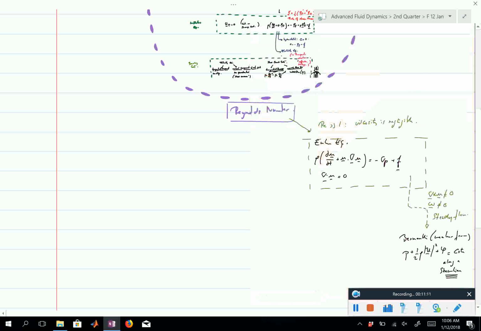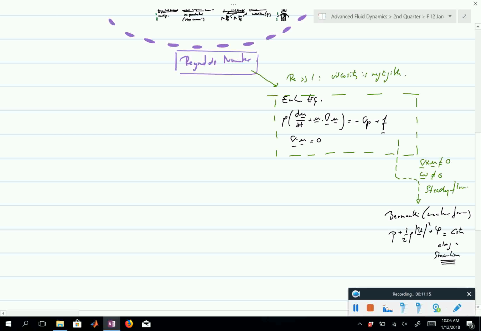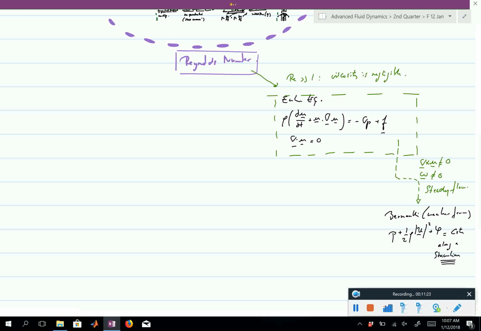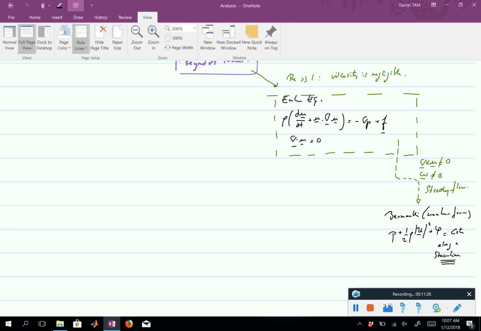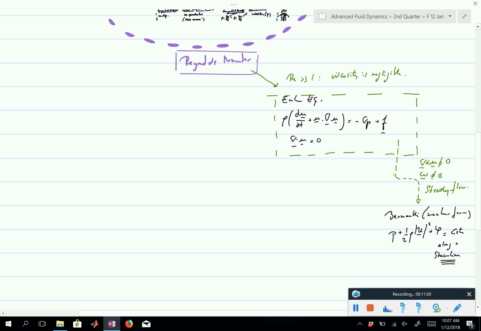Now back here, so along a streamline. Now the second one, this is where the map becomes messy, so I don't want to get lost in my own concept map. So the second one is when the flow is irrotational.